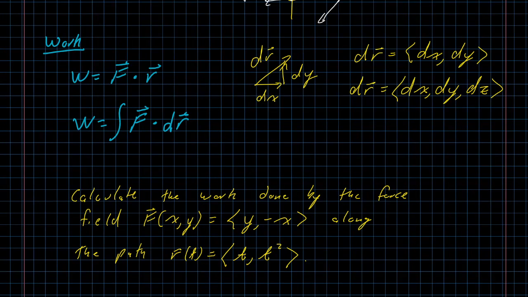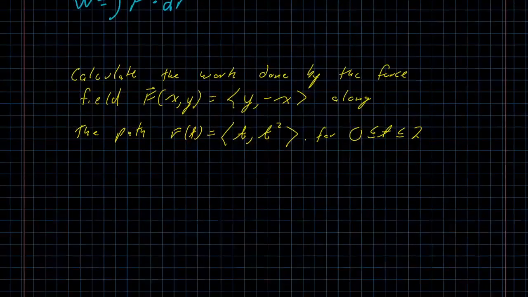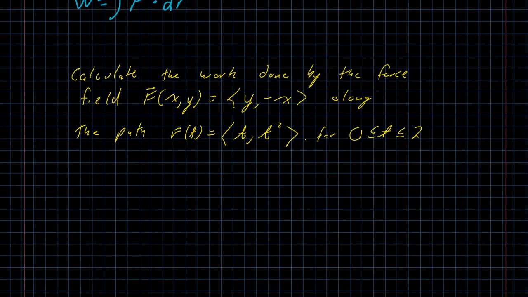For example, if I want to calculate the work done by the force field F of x and y equals y, negative x, along the path given as r of t equals t, t squared for t between 0 and 2.